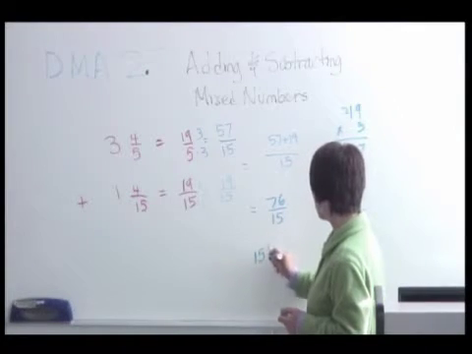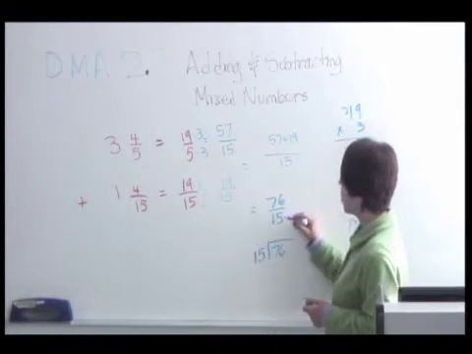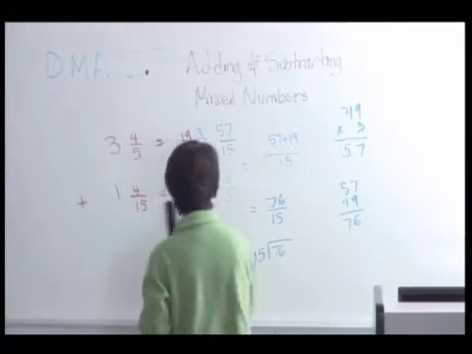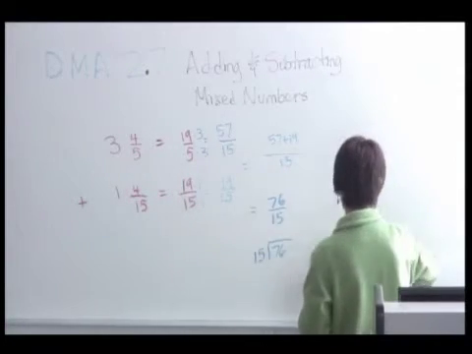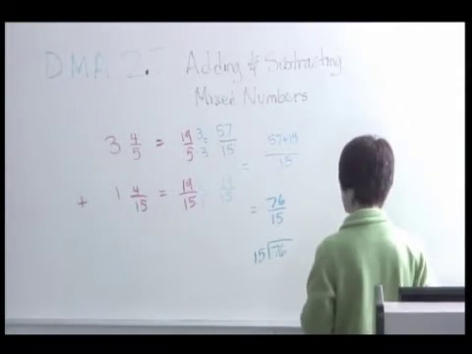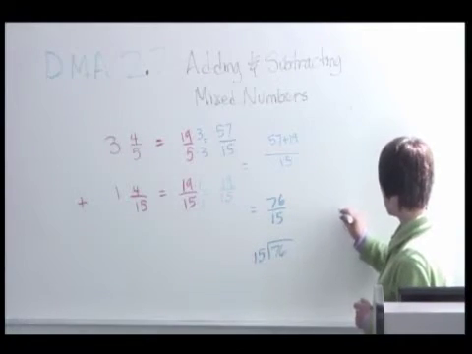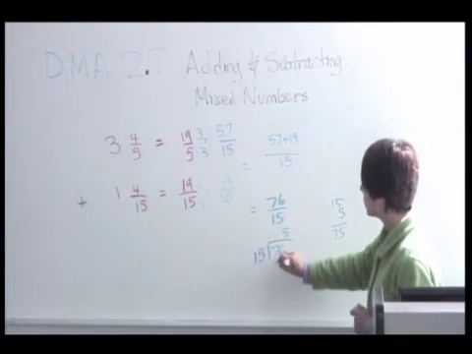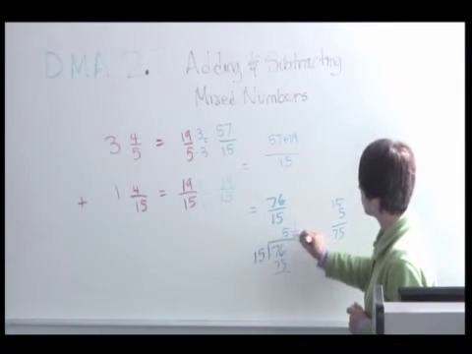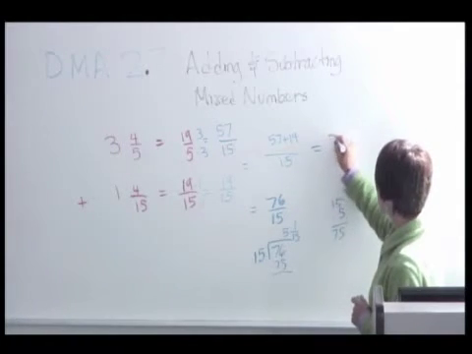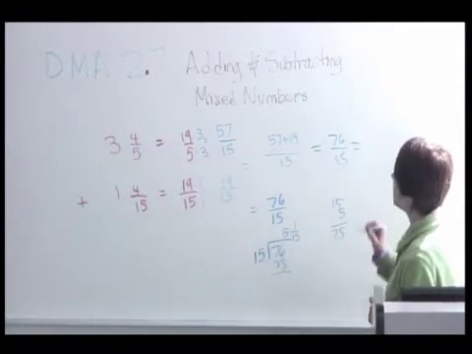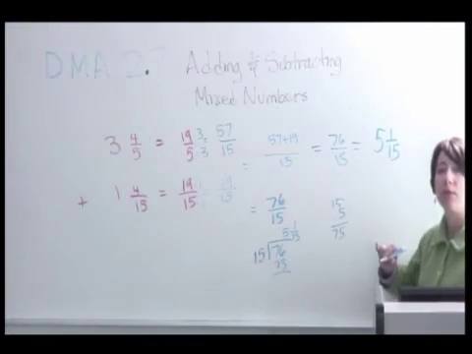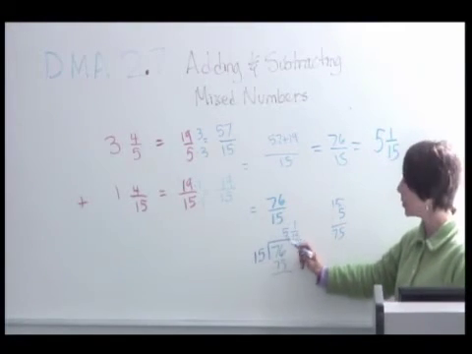So we change my improper fraction into a mixed number by dividing my denominator into my numerator. So let's see, 5 times 15 is actually 75.